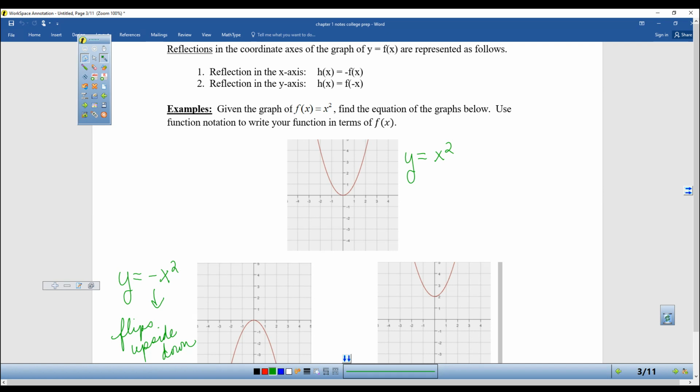But what they're going to call it is a reflection in the x-axis. That is the same thing as flipping it upside down. So when you see a negative out in front, that's what it's going to do. If it's a reflection in the y-axis, it'll actually be part of the function. And we'll get to an example like that.